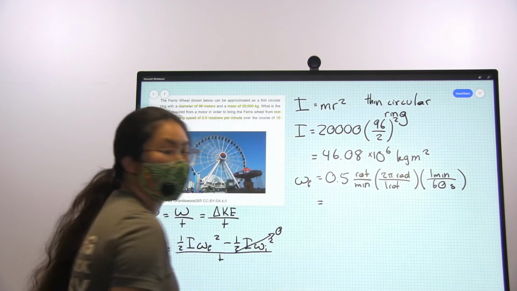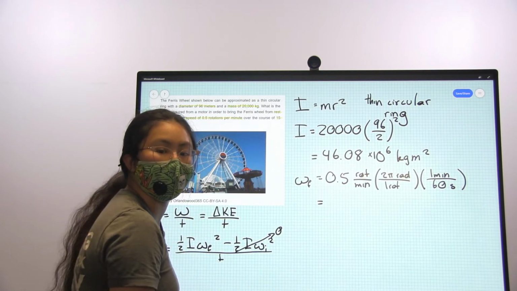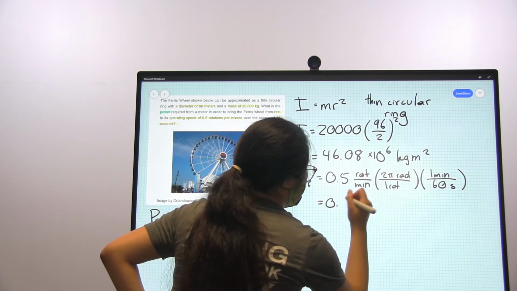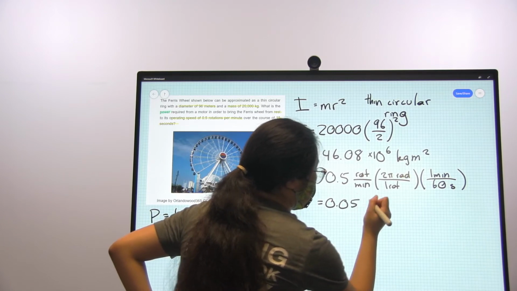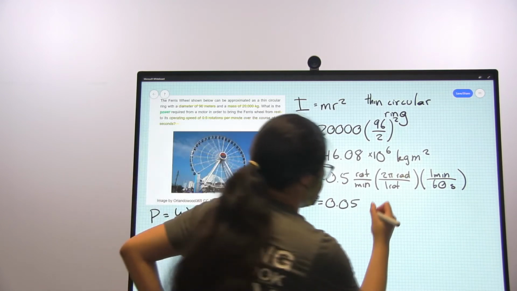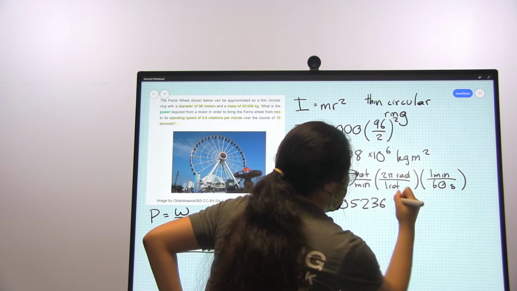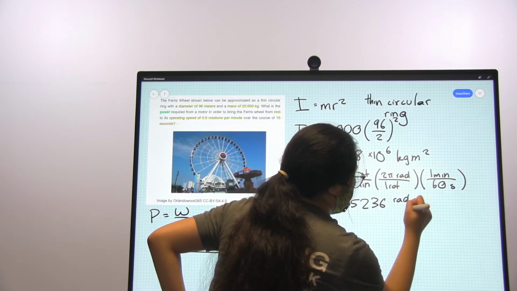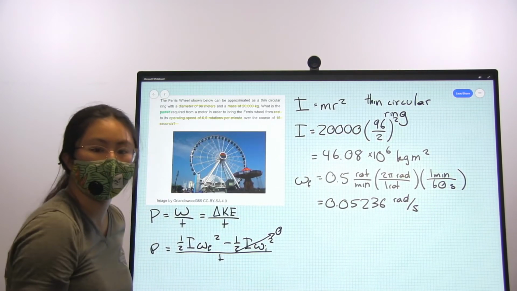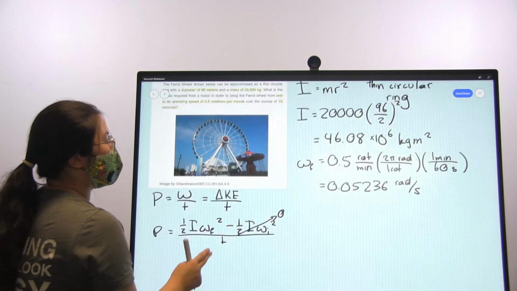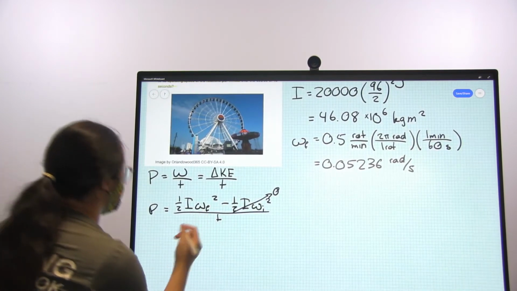From this we find that the final speed is 0.05236 radians per second.